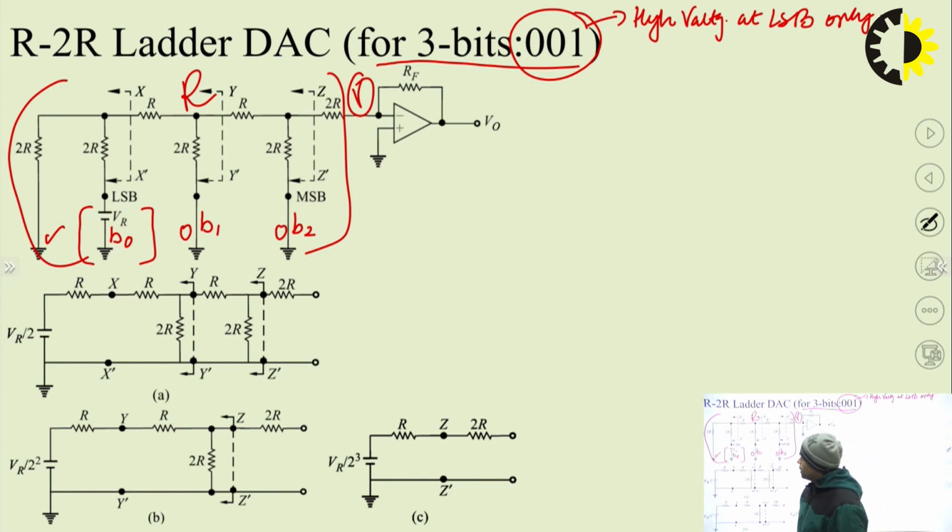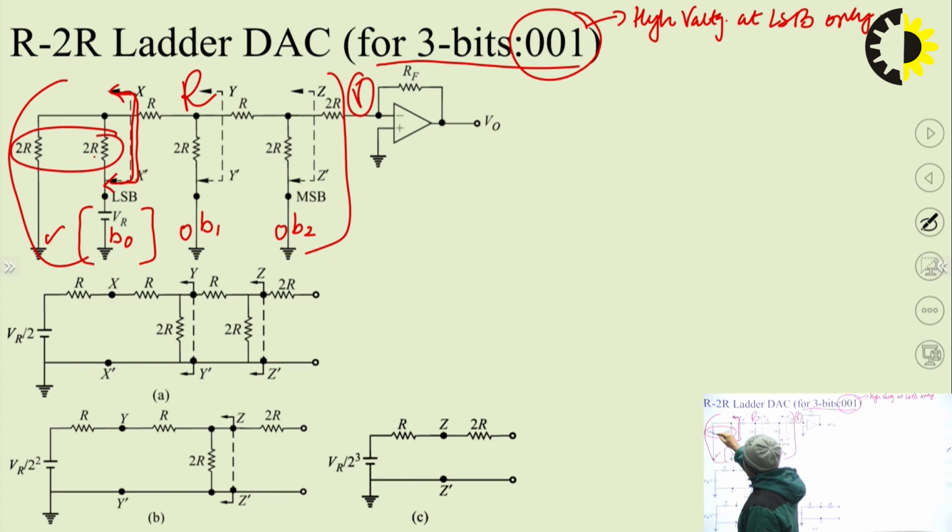So at this interface, let's suppose I am going to calculate the effective voltage and effective resistance. Then I can see that these 2R are in parallel. So at this XX interface, the parallel combination of 2R and 2R will be equivalent to R only. That means at this XX interface, the resistance is R only, and VR is divided among these 2 resistances.